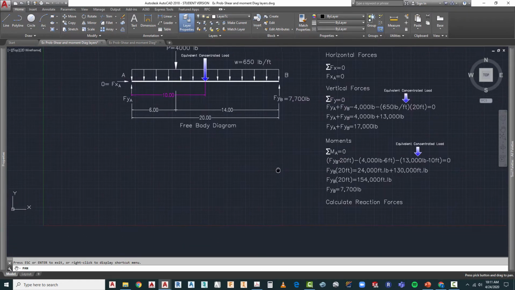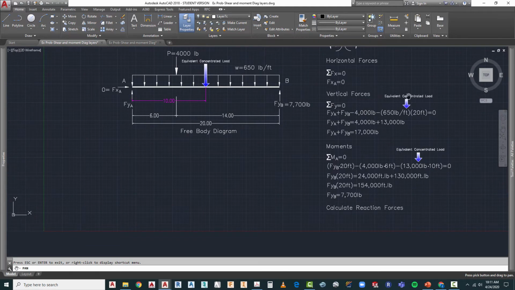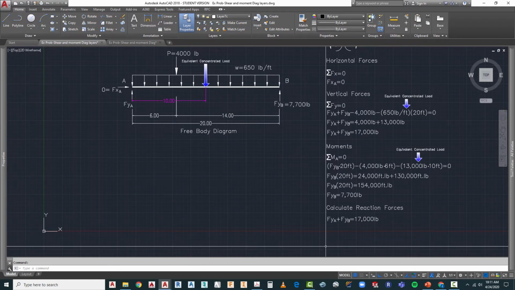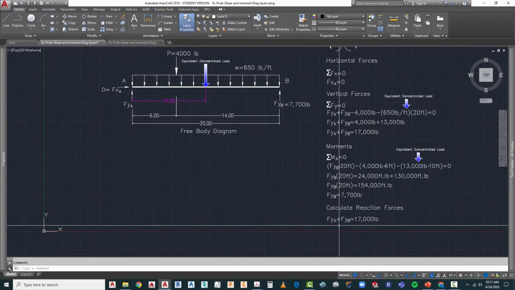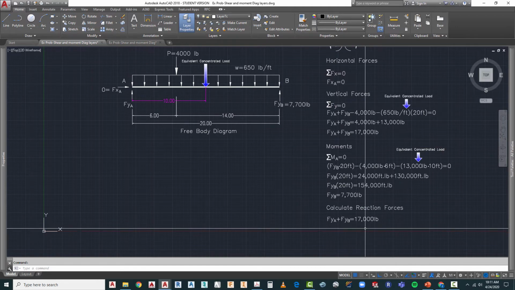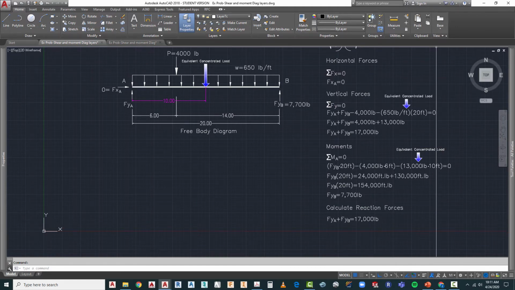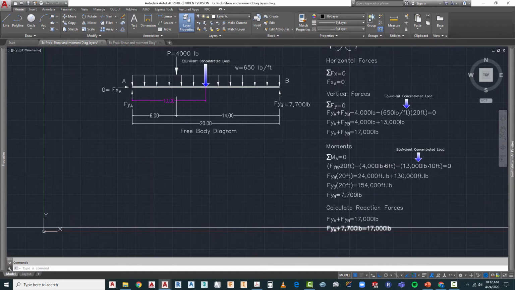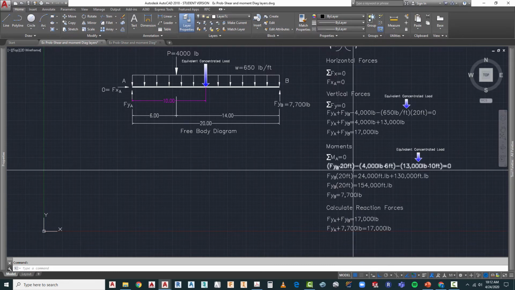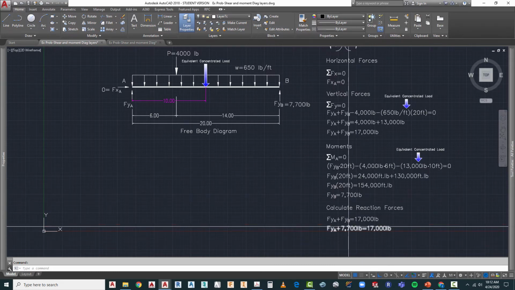So let's pan this up just a little bit right in here, and let's continue with our equations. From our previous summation of forces, we knew that FYA plus FYB was equal to 17,000 pounds. So what we're going to do at this stage is substitute the 7,700 that we found in our moment equation for FYB.